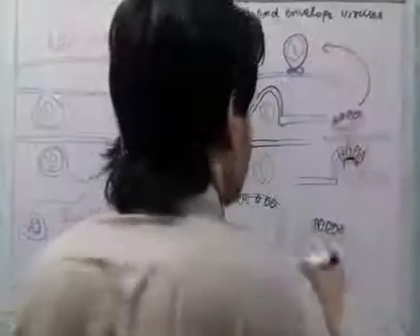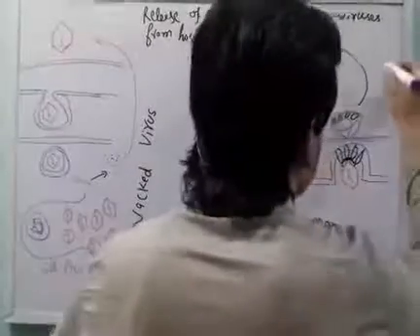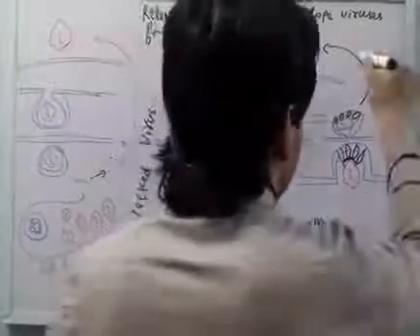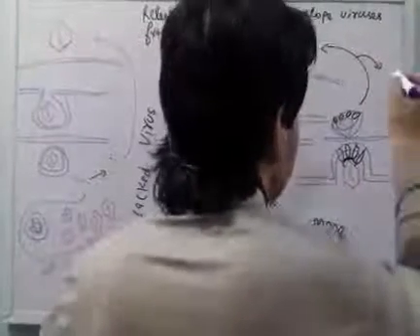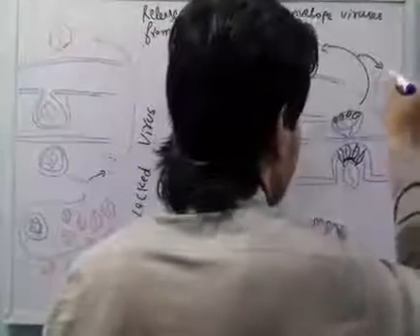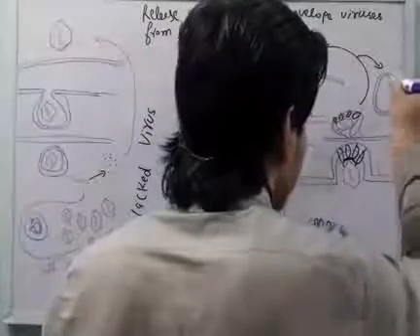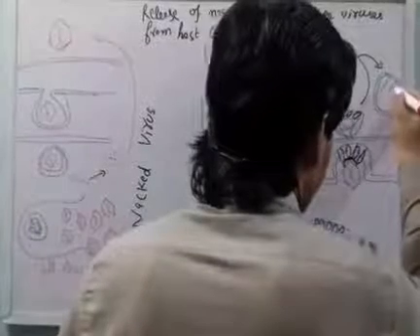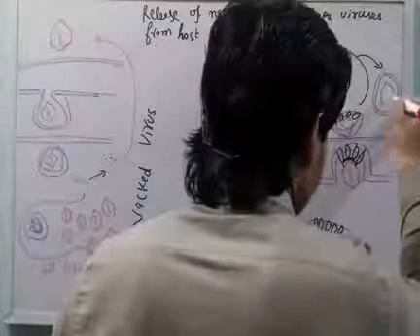Finally we get the structure just like that. Let me draw once again. Or we can also say our virus will look like this form. They have the envelope. This is our virus structure, an envelope virus.